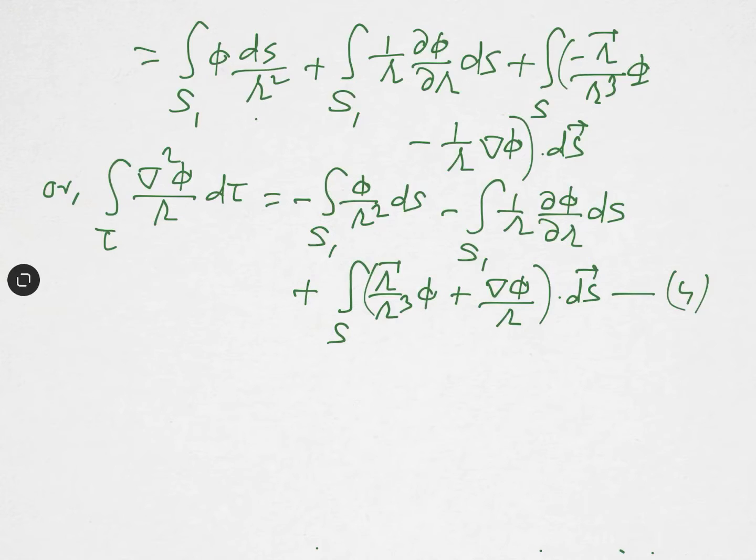Now I have assumed a sphere having center at O. You see the figure on the first page, and we have assumed that its radius is capital R. So on the surface of this sphere, this small r will be equal to capital R. In that condition, we will evaluate the first two terms in RHS of this equation.